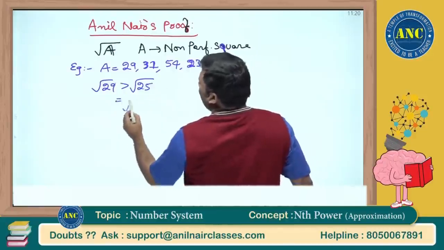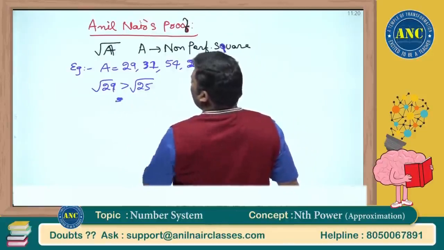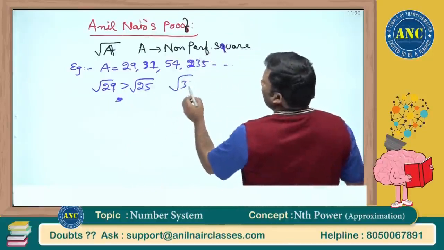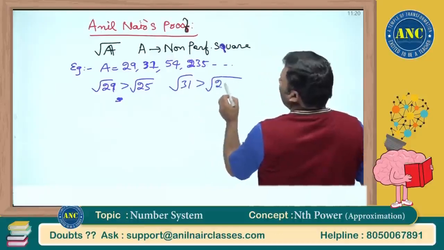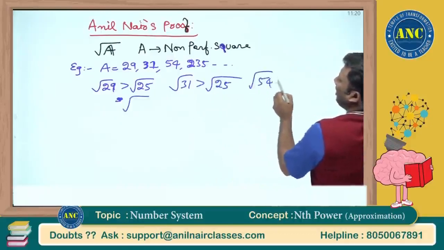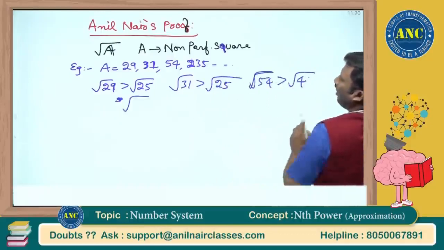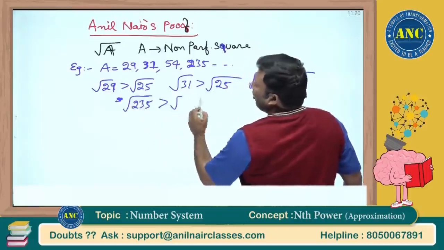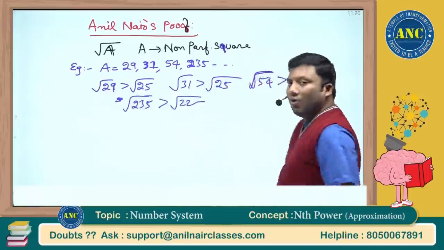Can I write root 31 is greater than root 25? Yes or no? Root 54 is greater than root 49. Are you all with me? Root of 235 is greater than root of 225. Are you all with me?